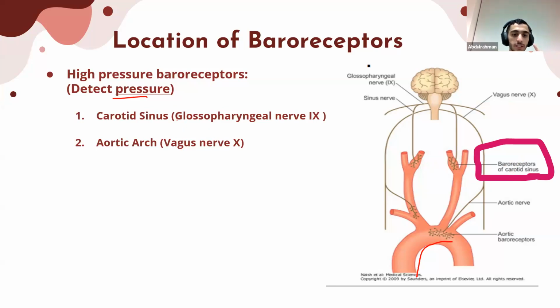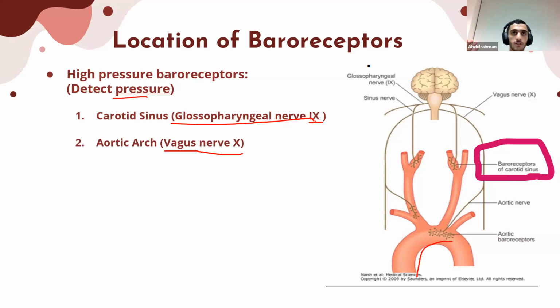And now between the brackets, you can see I put the name of two nerves. These two nerves are the nerves that are going to be controlled by these baroreceptors. So if you activate your carotid sinus, you'll activate the glossopharyngeal nerve. Now the IX stands for cranial nerve number 9. So the glossopharyngeal nerve has two names: it's either the glossopharyngeal nerve or cranial nerve number 9.